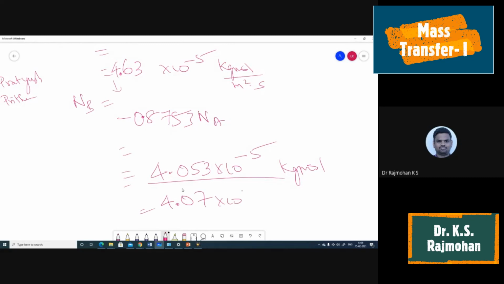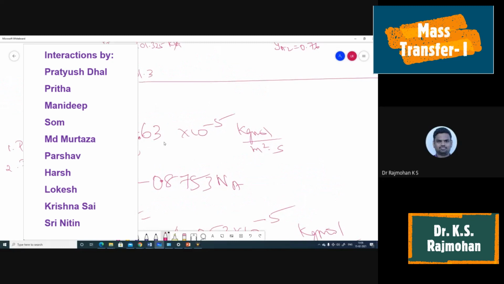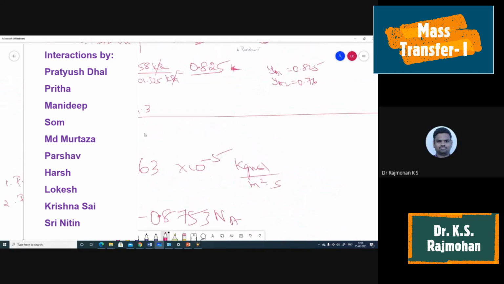Okay, I also got a similar value. Okay, so show the unit tally here. Not 1.325, it's kilopascal. 1.816 into 10 power minus 5.